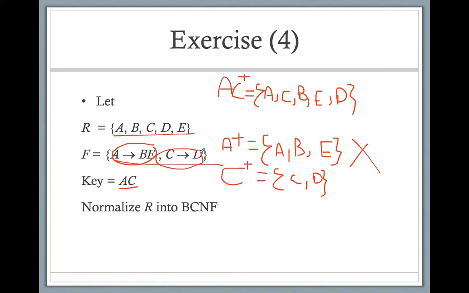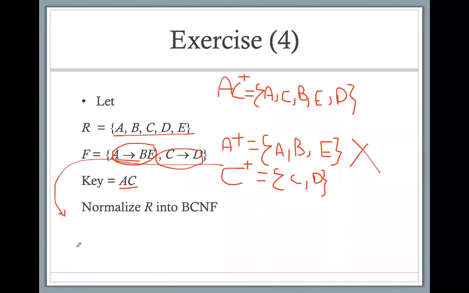How do I normalize the table? I pick one of these violations and create a table which contains the closure of the attribute or set of attributes on the left-hand side, and then another table with the rest of the attributes plus the attribute on the left-hand side. So let's take the first violation.